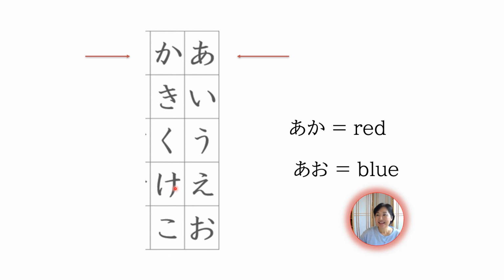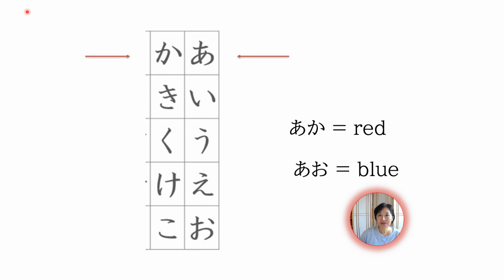Okay, let's read some Japanese words. Let me pick these 2 letters. はい、読んでください。赤 and it means red. Now, do you remember the color blue in Japanese? Yep, that's ao.